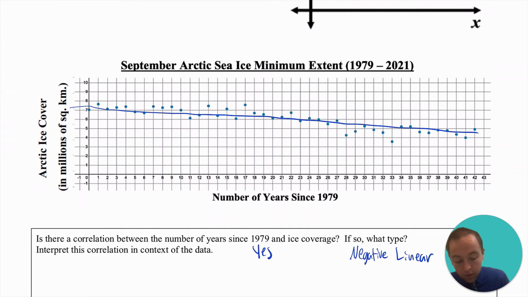To interpret this correlation in context of the data, we want to interpret what the meaning of the negative linear association is in context. Anytime you have a negative linear association, as x increases, y decreases.